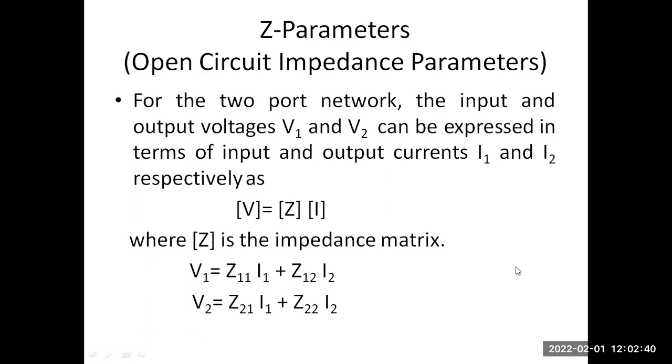We know V equal to IR. So V equal to I into Z, where Z is the impedance in an AC network.